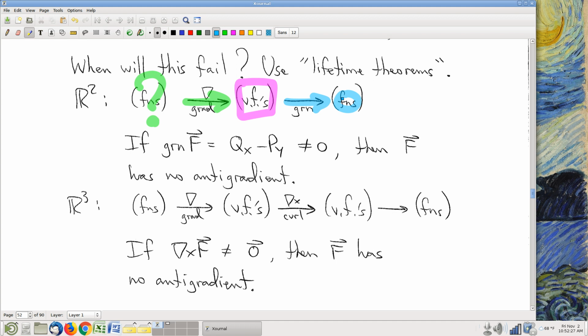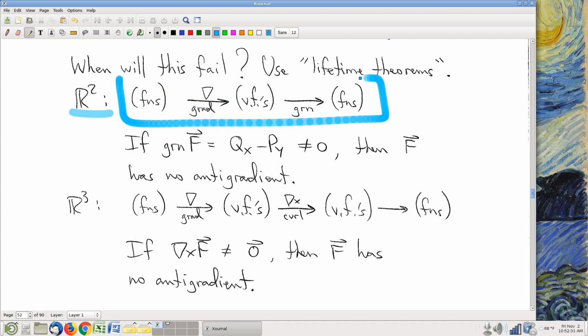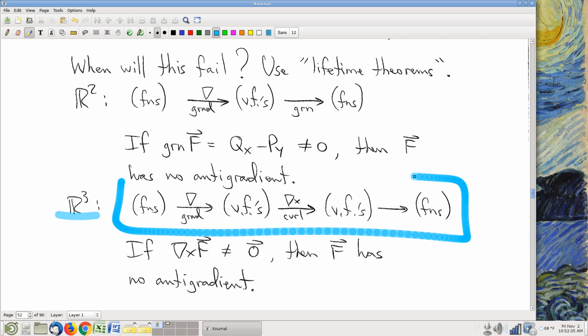And then likewise, in 3 dimensions, so this was in R2, right? In 3 dimensions, if you have a vector field given and you would like to know, is it or is it not a gradient of something, or said differently, does it or does it not have an antigradient?